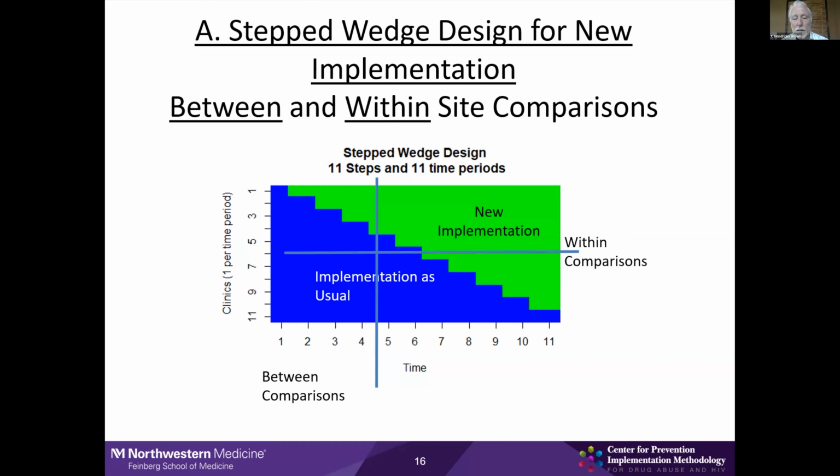And then if you look at the horizontal line, every single one of these units has some time that they spend in implementation as usual, and then some time in the new implementation. So that's a within comparison. So between and within comparisons are done at the same time, which is really its strength.